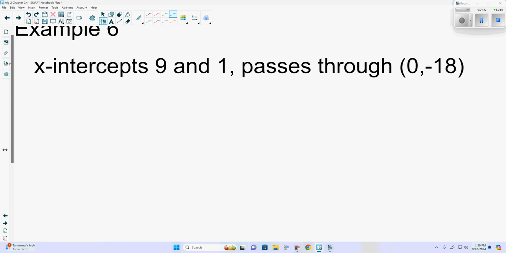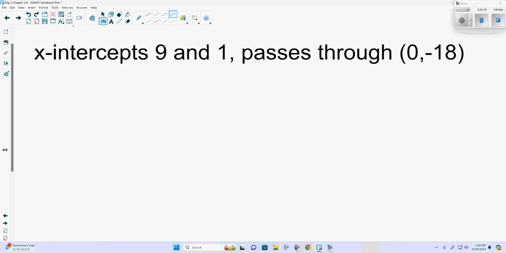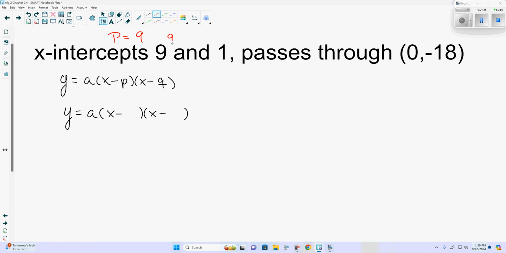Questions on this here? Let's look at one last one. X-intercepts are 9 and 1. It passes through (0, -18). So what's our p and q? p is 9, q is 1. So we get y is equal to a times x minus 9 times x minus 1.